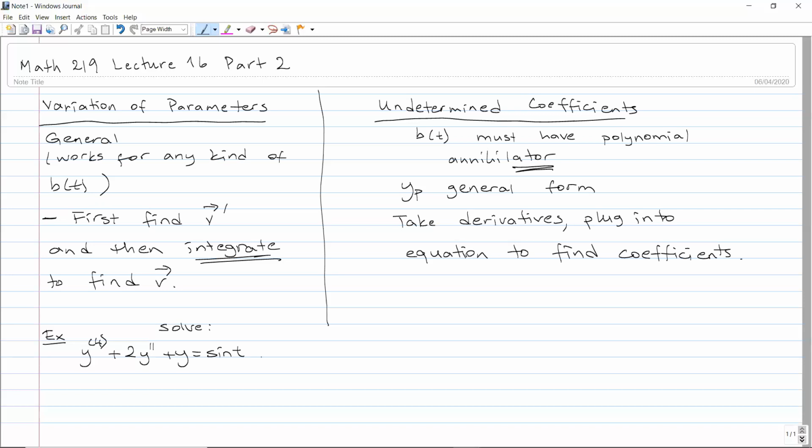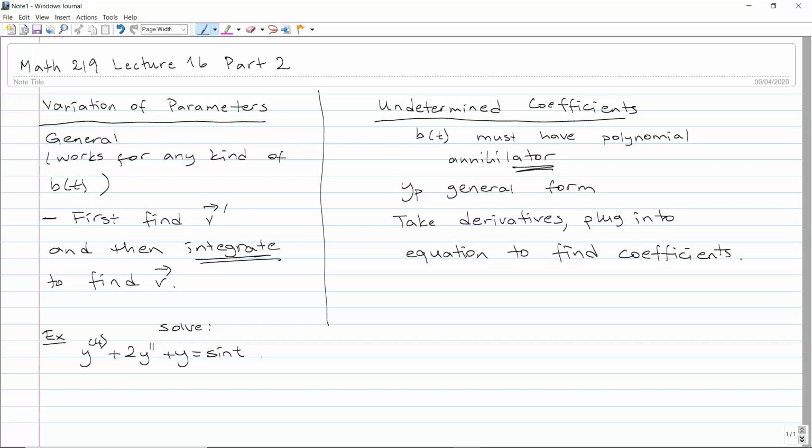So in order to be able to work out the integrals, I'm choosing the function sine t. Yourself, you may try to solve the same example using the method of undetermined coefficients and compare the two solutions and try to find the parallels. Okay.